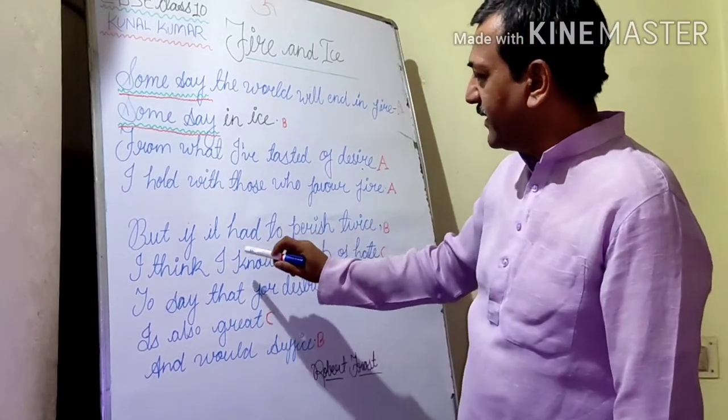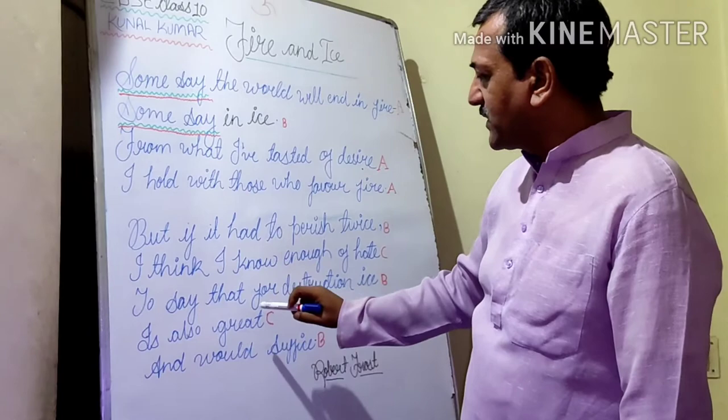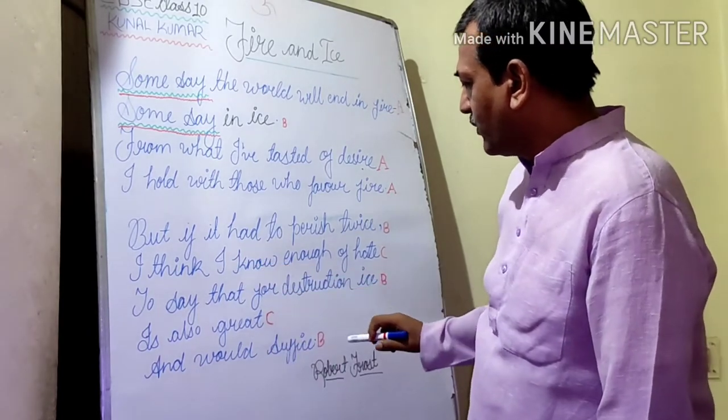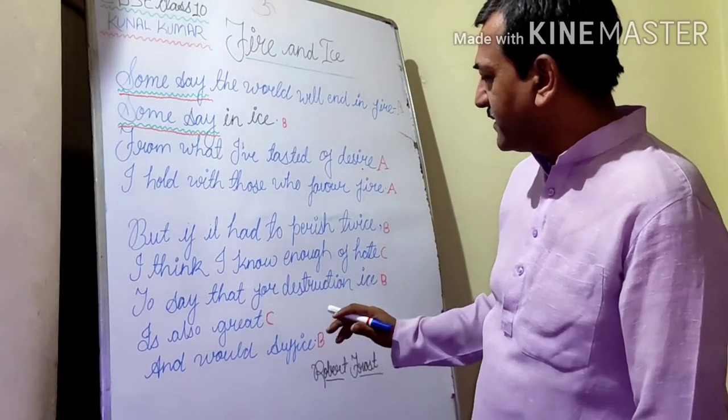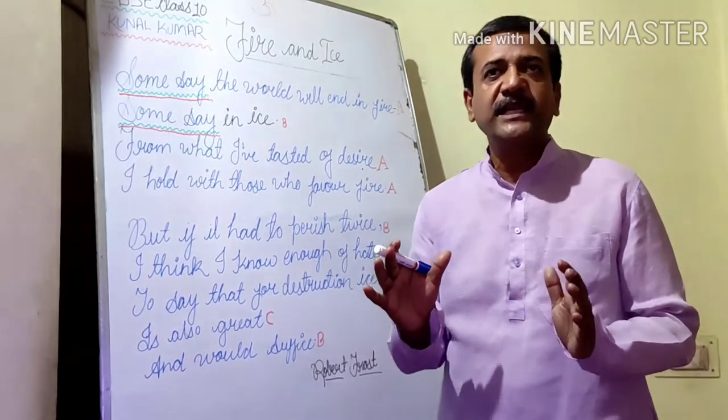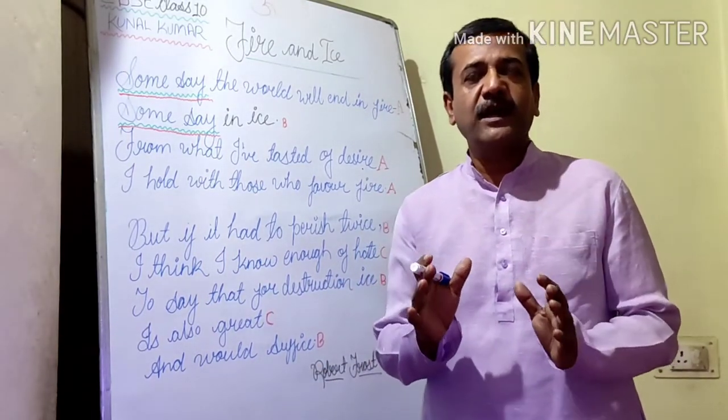So we have 7, 8 and 9th line. Also there is no mark of punctuation. Basically this is one sentence but very beautifully arranged in a poetic line.